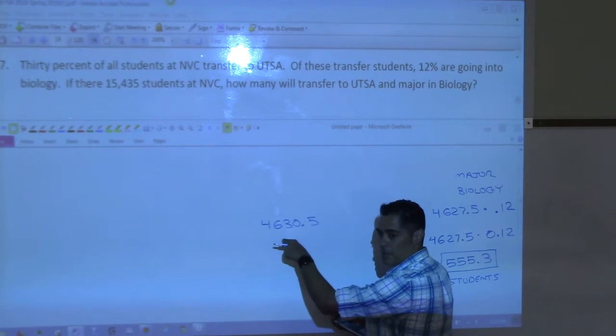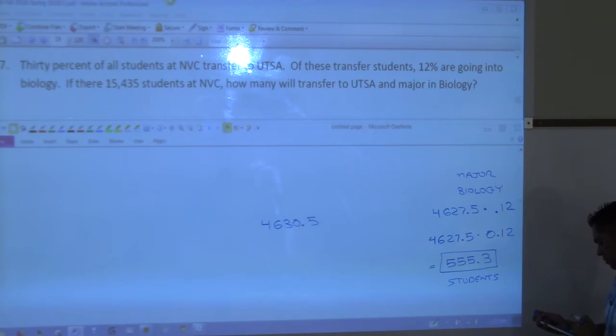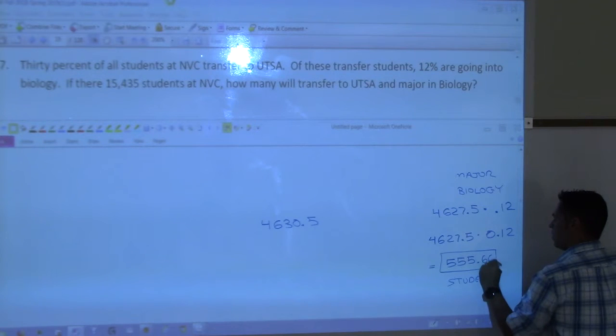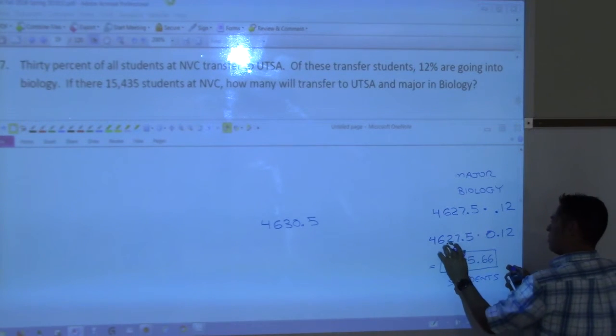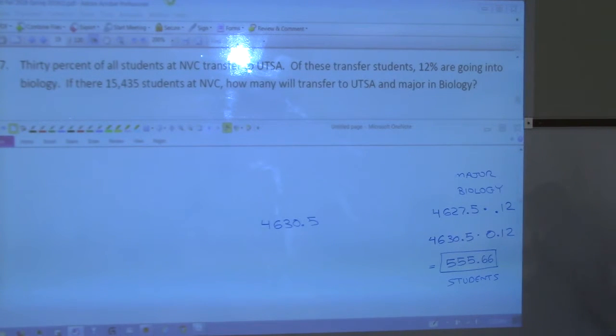That middle one was this one, and then that next one over here times 0.12 gives 555.66. Okay, yes, thank you. I just messed up the number.